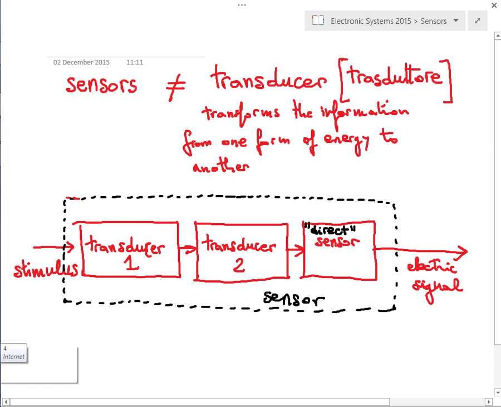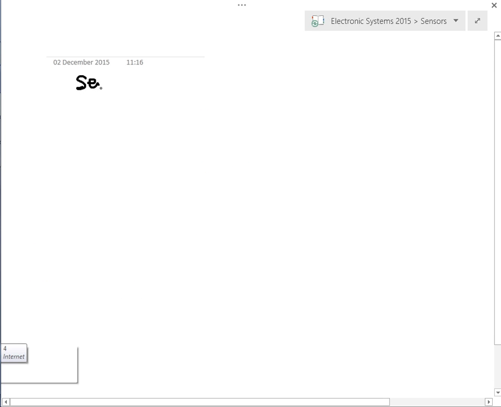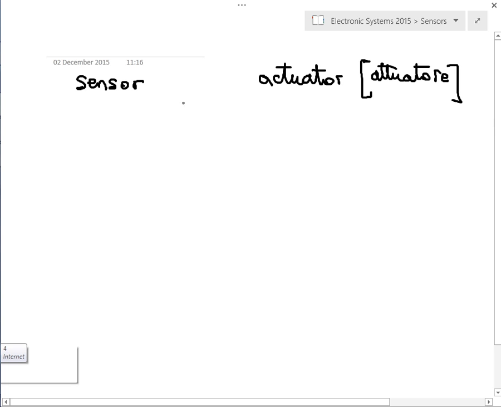There is another word that we need to introduce, which is related to sensor, and is the actuator. Actuator in Italian, well, it's easy, it's attuatore. And of course, the thing is different, but in some way we can say that the actuator has the reverse function of a sensor. Of course, this doesn't mean anything, it's just a way to say the same thing.